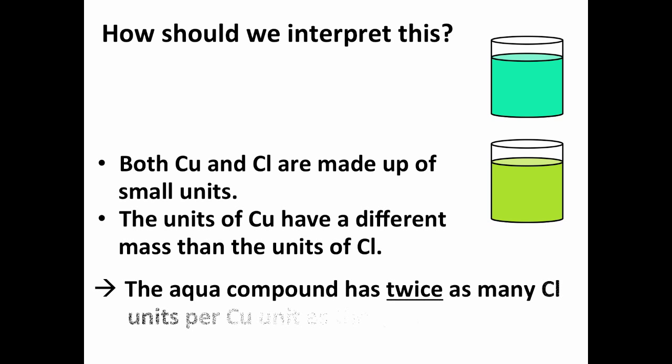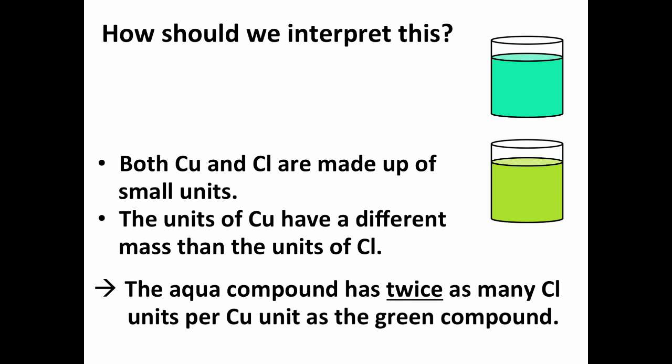And then what we're forced to conclude is that since the aqua blue compound has twice the mass of chlorine per amount of copper, it must have twice as many chlorine atoms or units as the second compound does per amount of copper. And so it would look something like this. First compound has some copper and a certain amount of chlorine.